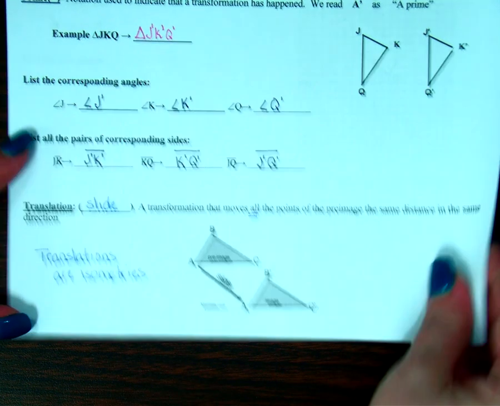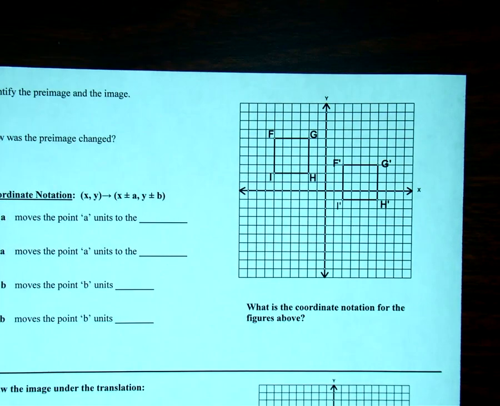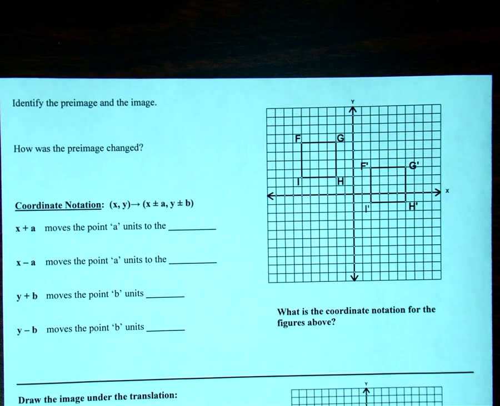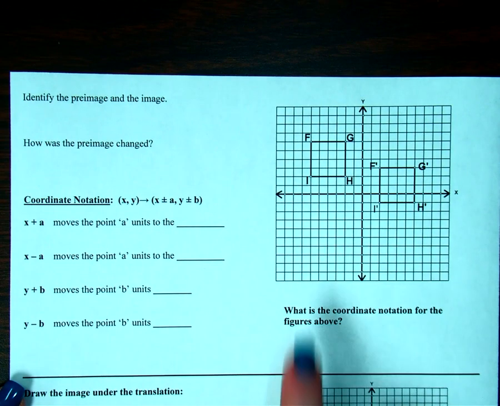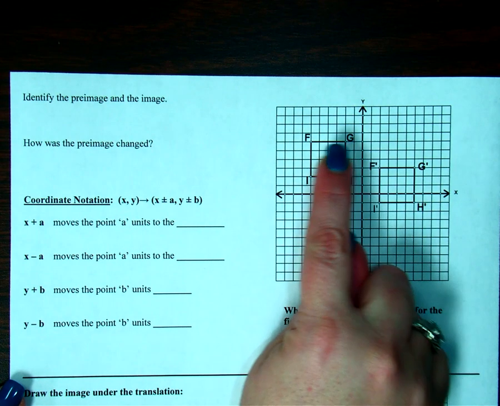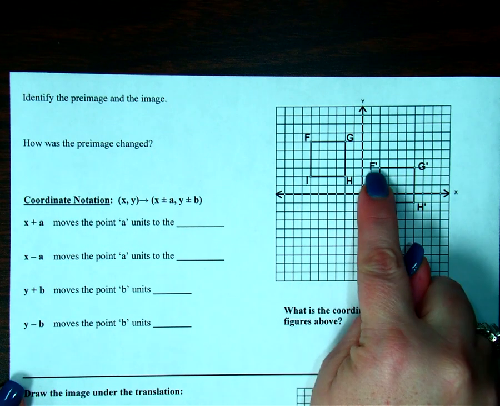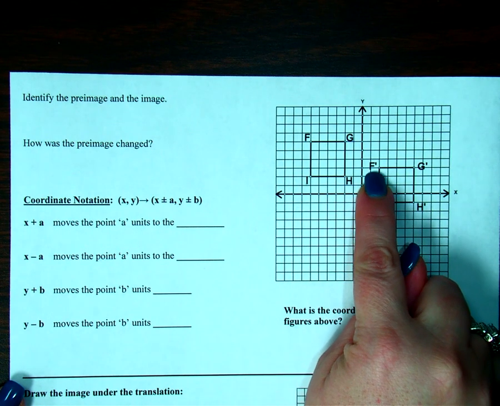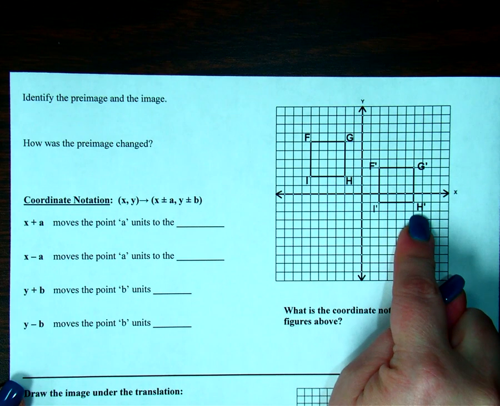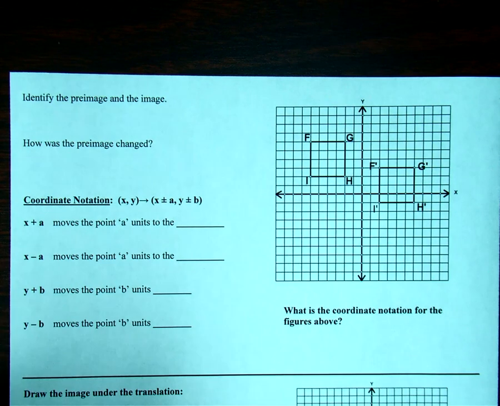Okay? So when I look at a figure and I want to know which one is the pre-image and which one is the image, I need to look at the labels. I can see this one has F, G, H, and I, and this one I see the apostrophe. So this one's F prime, G prime, H prime, and I prime.